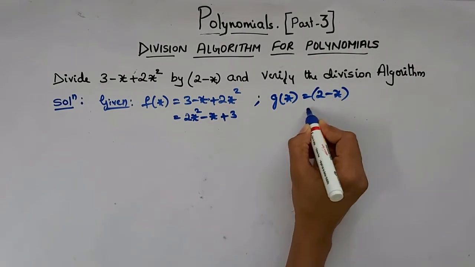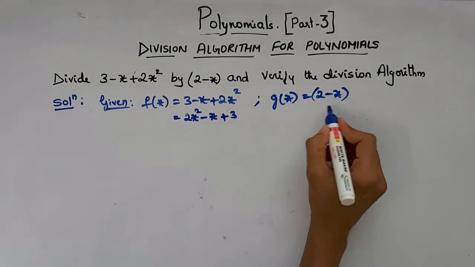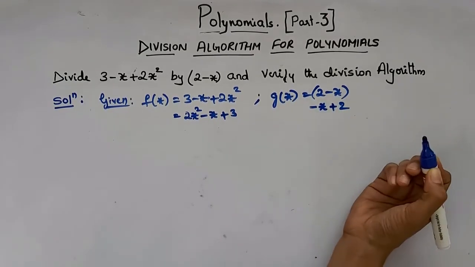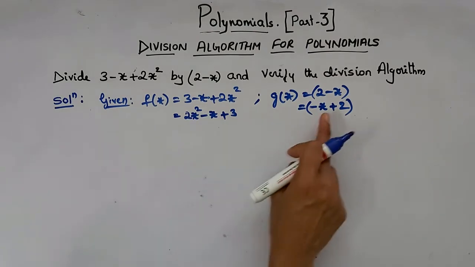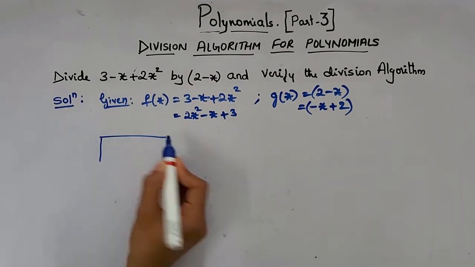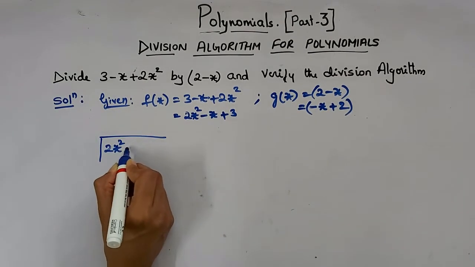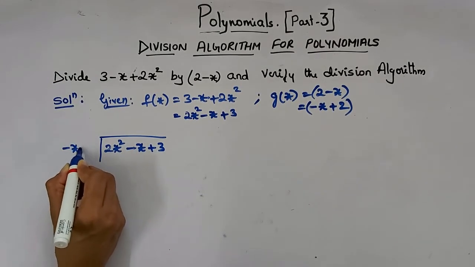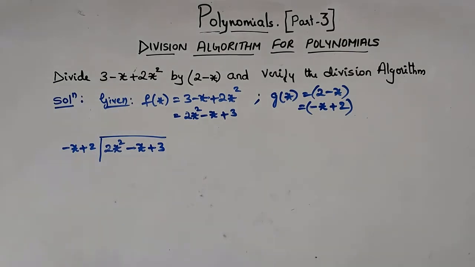So to write them in the general form, that is in decreasing order of the degree, minus x will come first, then plus 2, right?